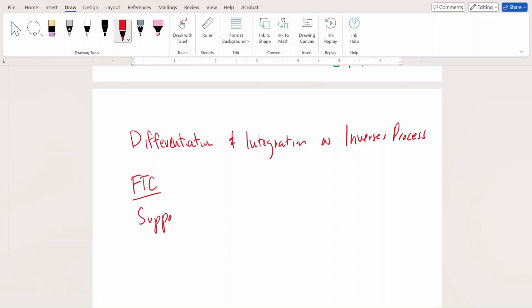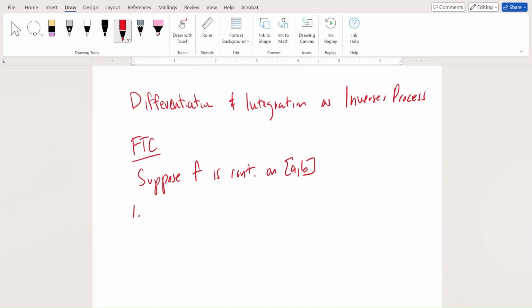We first have the fact that suppose that f is continuous on a closed and bounded interval from a to b. And the first part of it was, if you know that g of x is defined as the integral from a to x of f of t dt, then we know that the derivative of g is just the original function f of x.